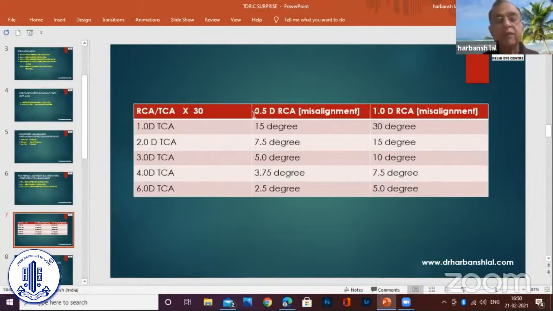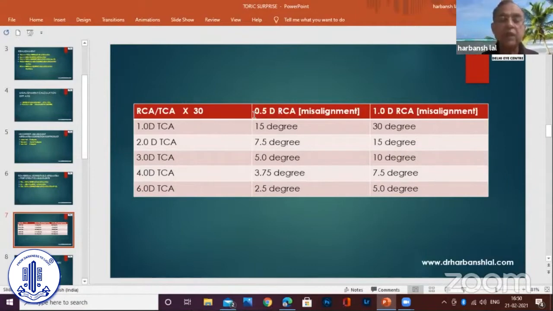But if it is a 3 diopter lens, it is 5 degrees. If it is a 4 diopter, it is 3.75 degrees. And if it is a 6 diopter correctable IOL, and there is a 0.5 diopter residual astigmatism, actually misalignment is only 2.5 degrees.